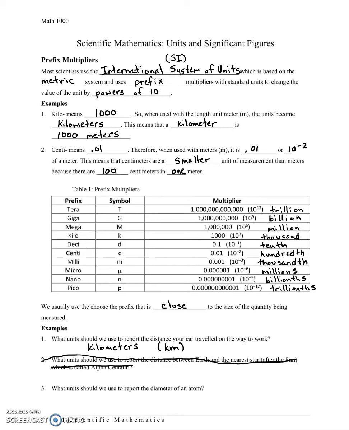So what unit should we use to report the diameter of an atom? Well, if you want, you can use your phone or your computer and look up the average diameter of an atom. And what you will find is that the average is somewhere around 0.5 nanometers.